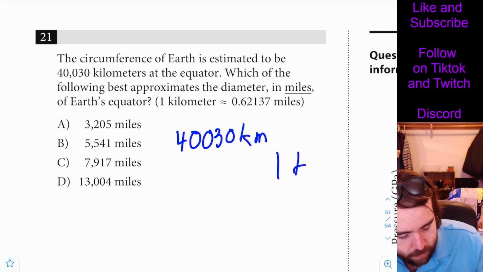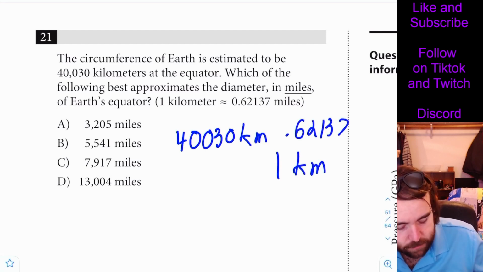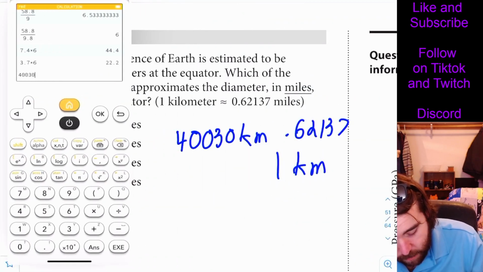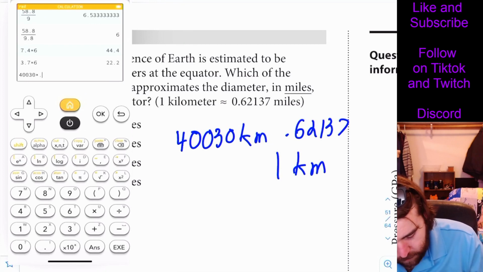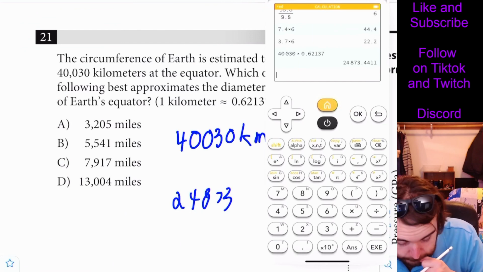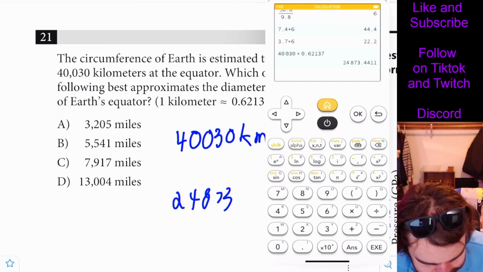And there's 1 kilometer and 0.62137 miles. So we're going to do 40,030 times 0.62137. 24,873.44. 240. What?